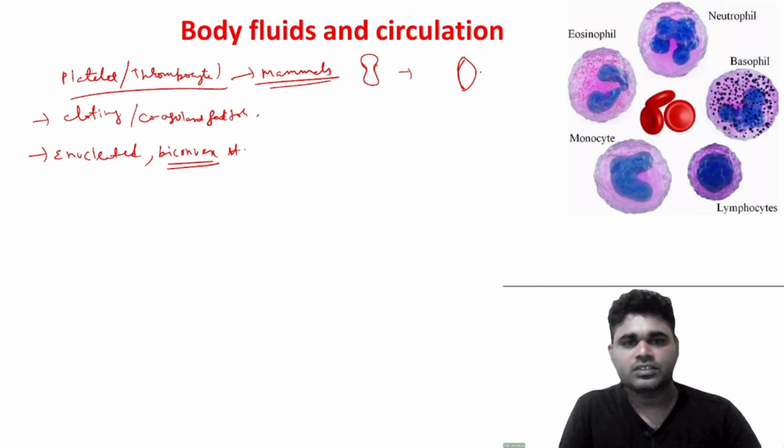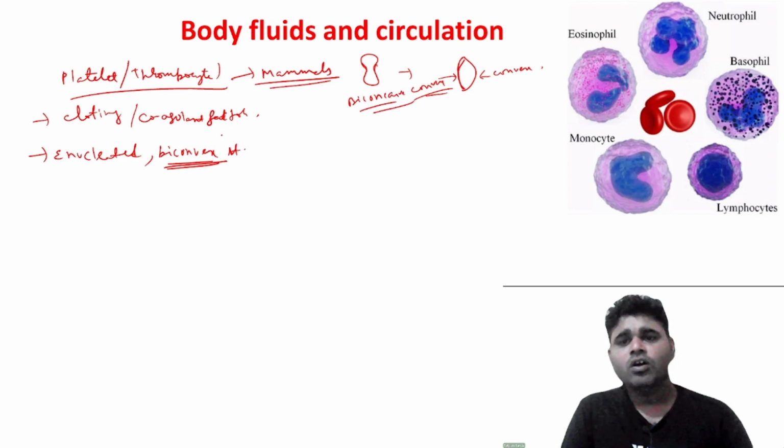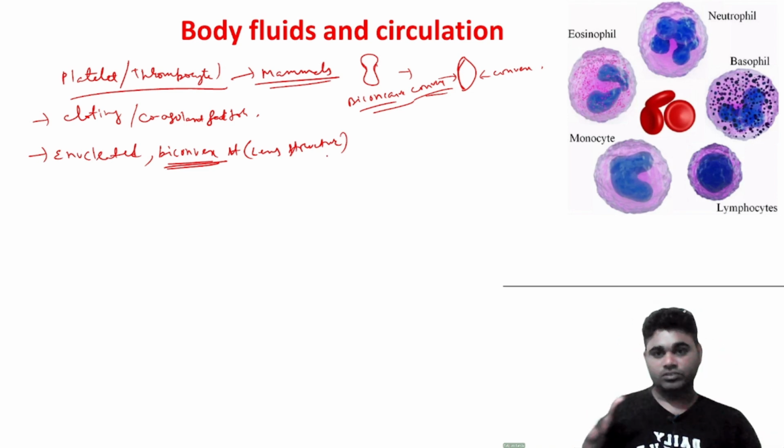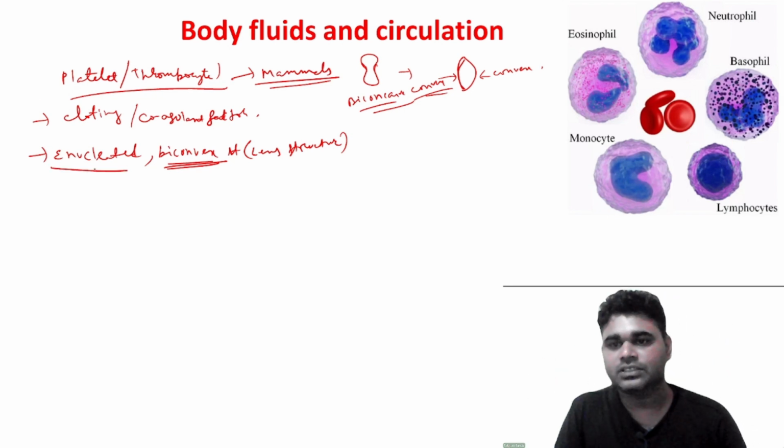This structure is called convex, and this is another convex. So that's why it is called biconvex, while the RBC is biconcave. We can say this biconvex is like a lens structure. Look at the lens, the structure of the lens is like this also. So the lens is also biconvex. So the platelet is enucleated, that means the nucleus is absent and the biconvex structure is present.